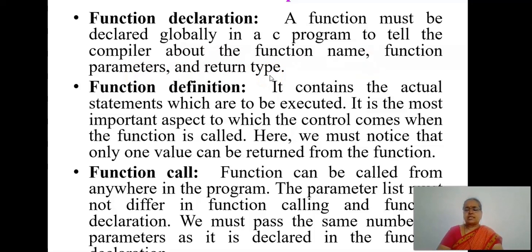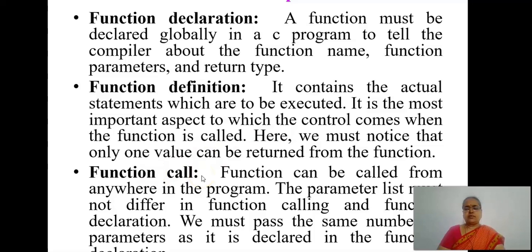And the function definition contains the actual statements which are to be executed in order to carry out a specific task. And a function always returns a single value. From one function, we can return only one value.